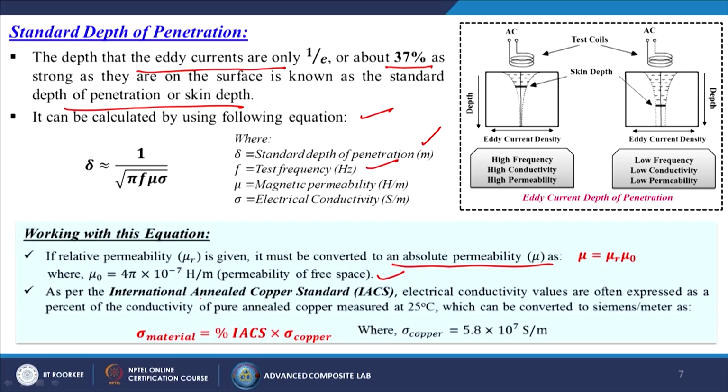As per the International Annealed Copper Standard, IACS, electrical conductivity values are often expressed as a percent of the conductivity of pure annealed copper measured at 25 degrees centigrade, which can be converted to Siemens per meter as sigma material equals percentage IACS into sigma copper, whereas sigma copper is equal to 5.8 into 10 to the power 7 Siemens per meter.